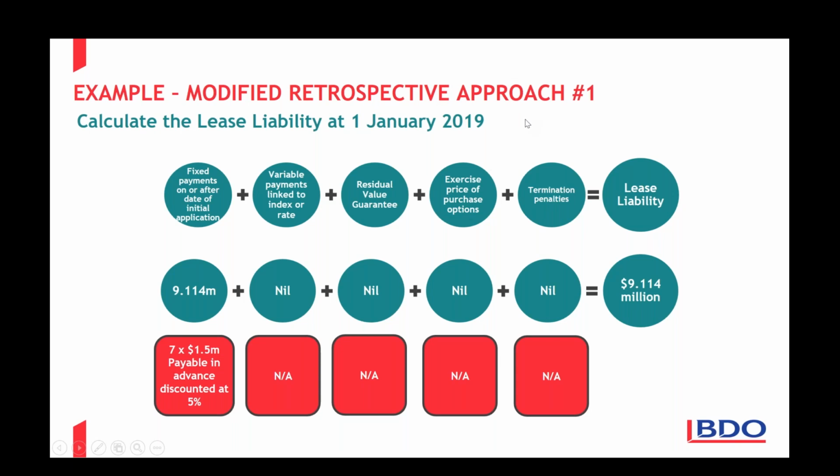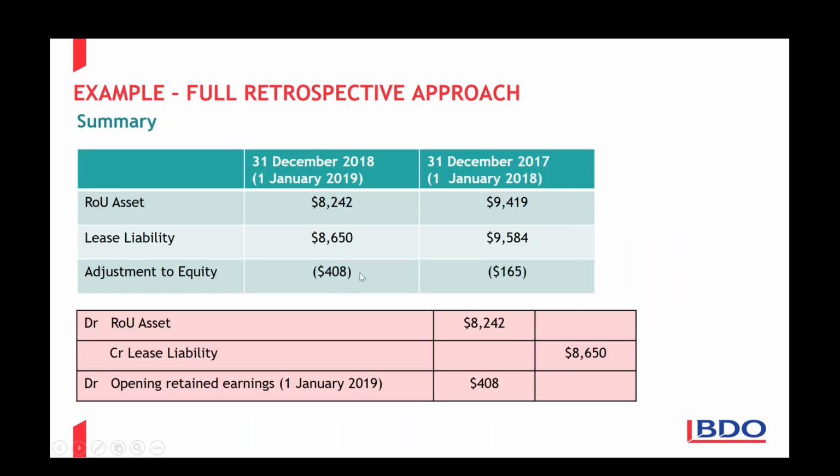So that's one alternative, and this is just one lease, but look at the impact on equity. If this was in millions, that would have been a 408,000 reduction in equity as a result of one lease.